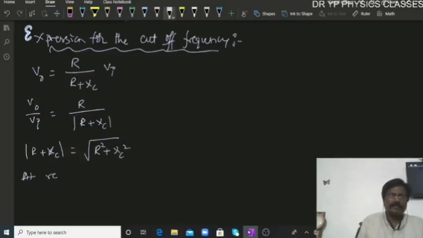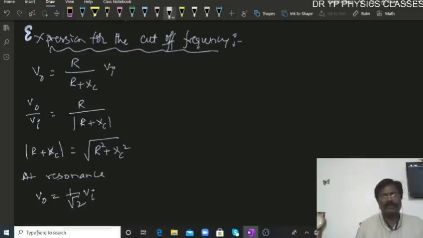We have to apply this here, and at the cutoff, V naught is equal to VI by root 2.